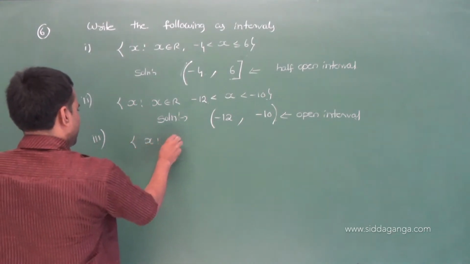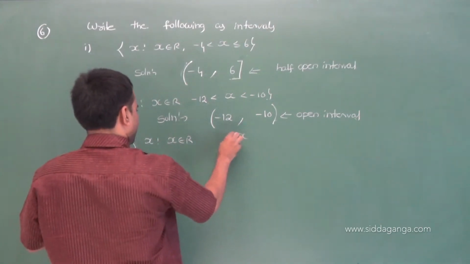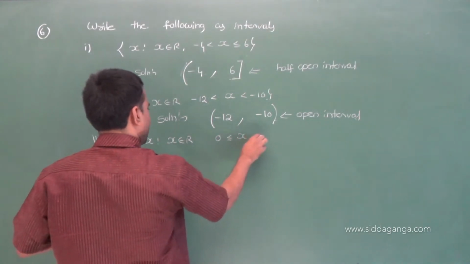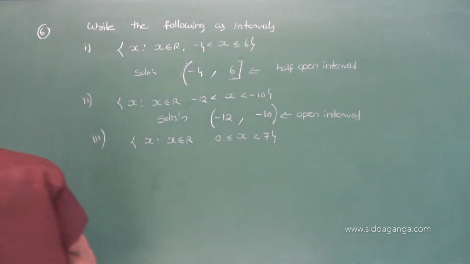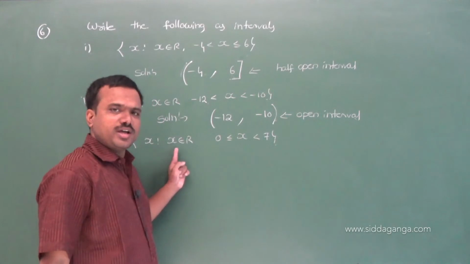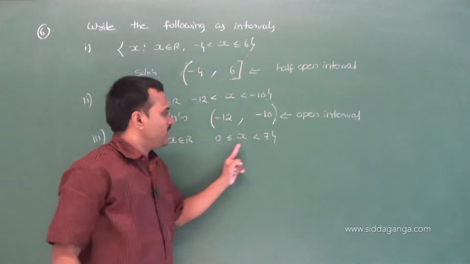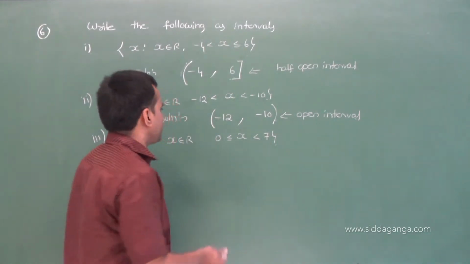X such that x belongs to R, X greater than or equal to 0, less than 7. Observe the problem. X greater than or equal to 0 means 0 is included. Less than 7 means 7 is excluded.